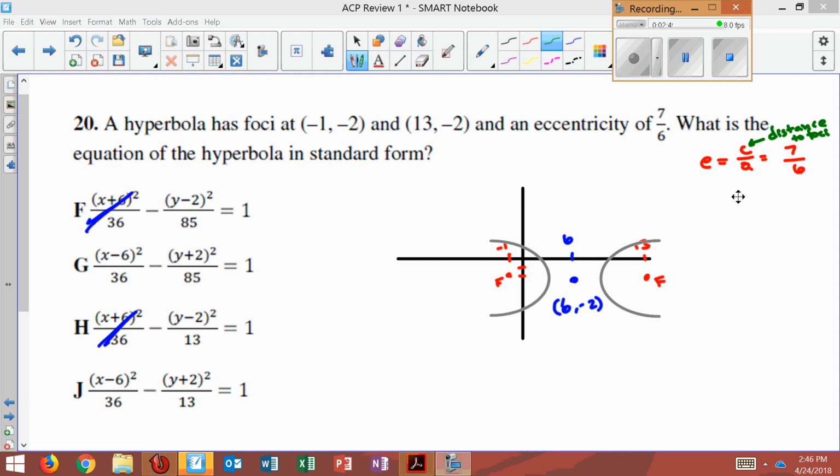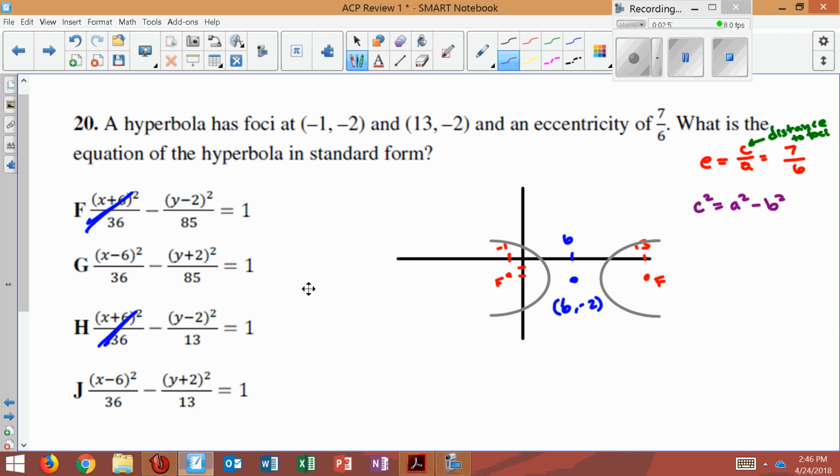The last thing we can eliminate is from b. To find b, we'll use the formula c squared equals a squared minus b squared, where we pretend our b's are negative here. So let's plug in values. We know c is 7, so 7 squared equals 6 squared minus b squared. 7 squared is 49, so it equals 36 minus b squared.